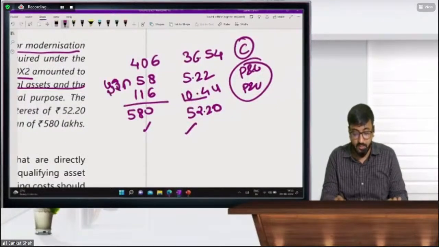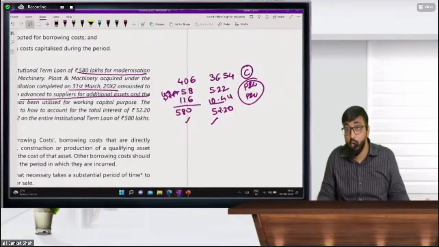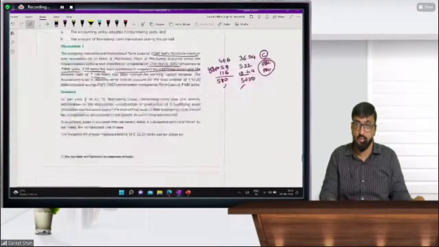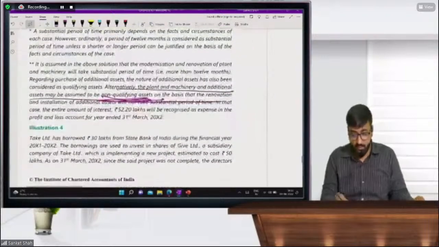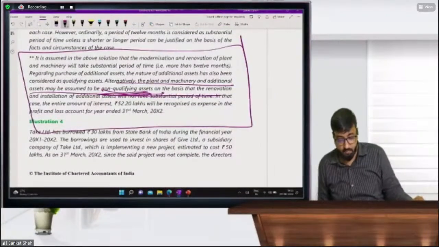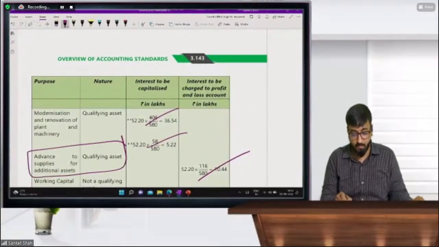So both options are correct. If you treat it as qualifying assets, better, because we are not aware whether that additional asset is qualifying or non-qualifying. So better, if it is qualifying, capitalize it. Otherwise, it goes to profit and loss account. So both options are correct for this part.